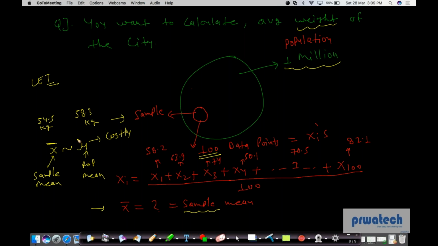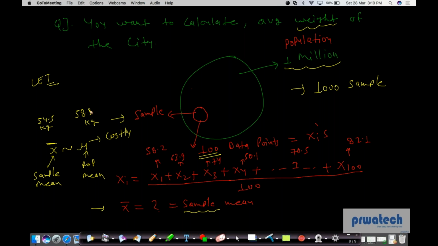If I take a second scenario, where instead of taking a sample of 100 people I take a sample of 1000 people, will this go towards 58.3? It will be nearer to this.